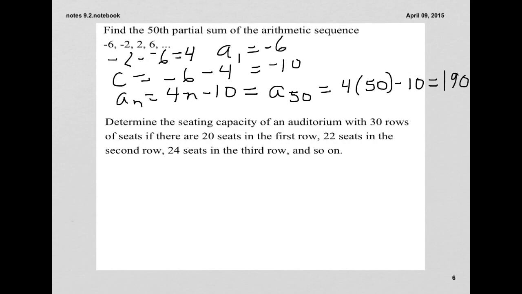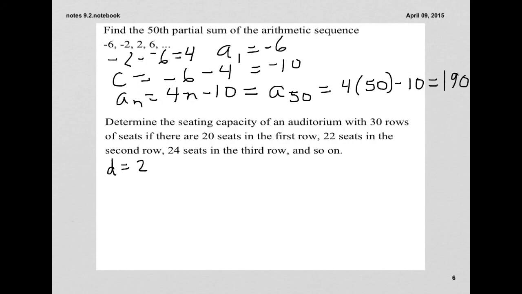Okay, next we want to determine the seating capacity of an auditorium with 30 rows of seats. If there are 20 seats in the first row, 22 seats in the second row, 24 seats in the third row, and so on. We know they're increasing by 2, so that means that d, the common difference, is 2.